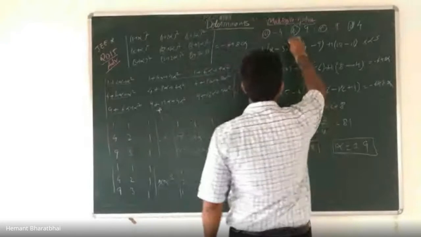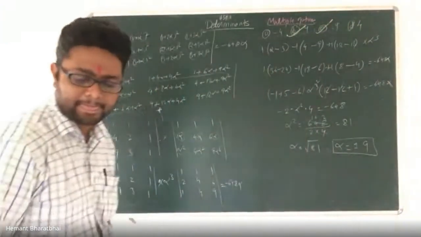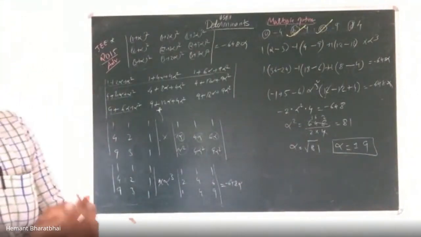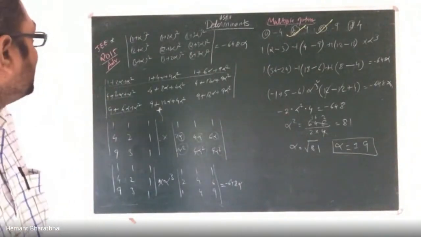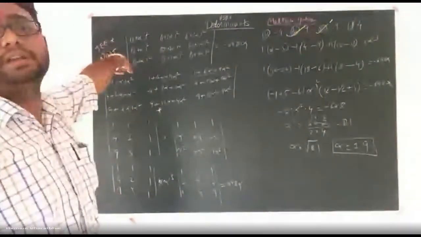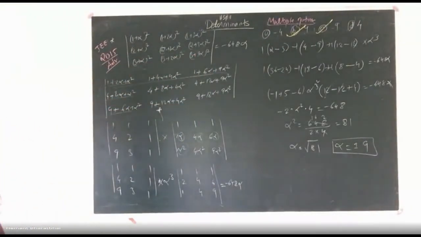Therefore, the answer is option B and option C. He told us to find the value of alpha which this particular equation satisfies. So we have solved and we got the values of alpha as plus minus 9.